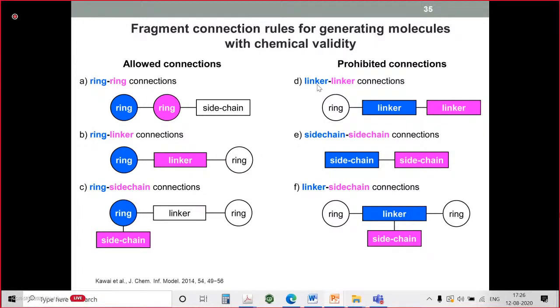So this kind of linker-linker connection is not useful and it's difficult to synthesize as well as not appropriate. Side chain-side chain is also not useful. Linker-side chain is also not useful. Therefore, these three connection approaches are prohibited.